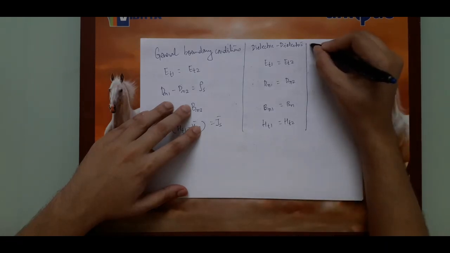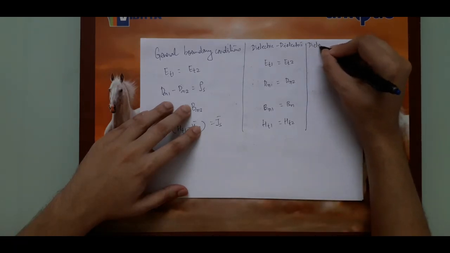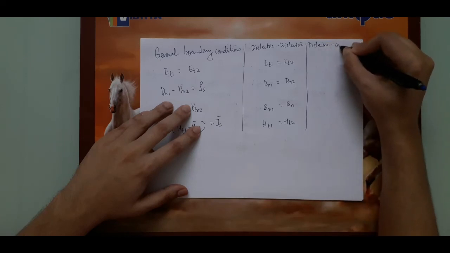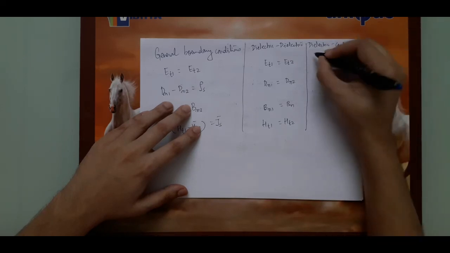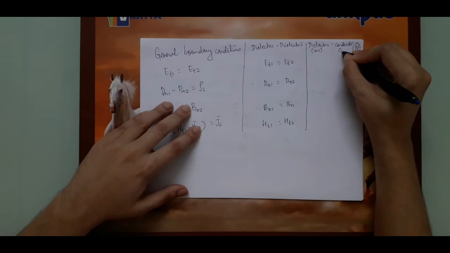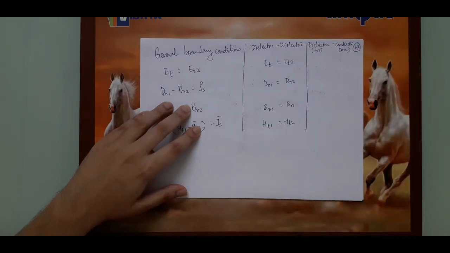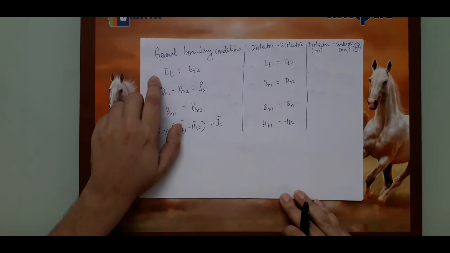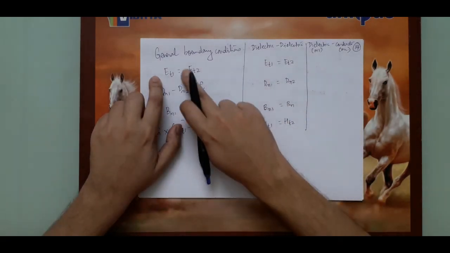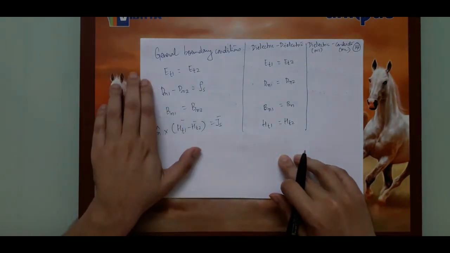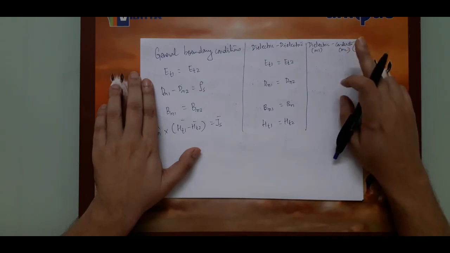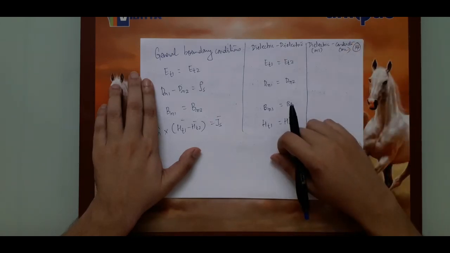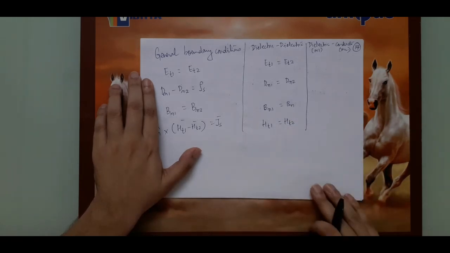Now what if I have dielectric with a conductor? Say medium 1 is dielectric and medium 2 is conductor. Now what will happen? I can say that the electric field will still be continuous. But we have already proved that the electric field inside a conductor is zero. The moment you enter the conductor, the electric field becomes zero.